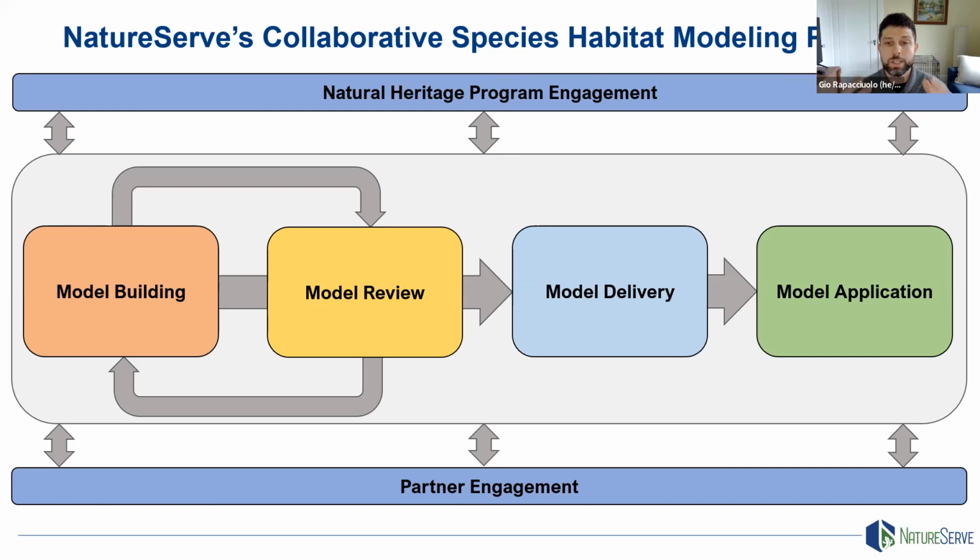The actual process has 4 main steps, and really core to our methodology is this feedback loop you can see here on the left of this figure between model building and model review.